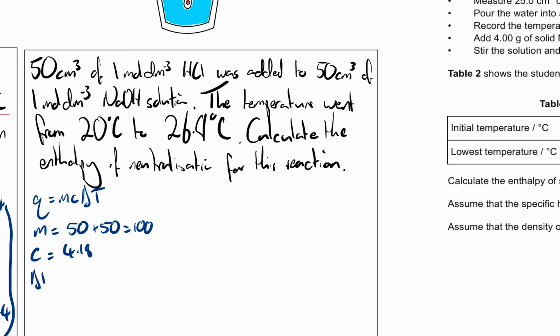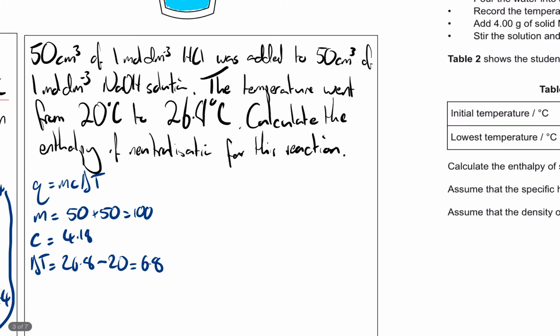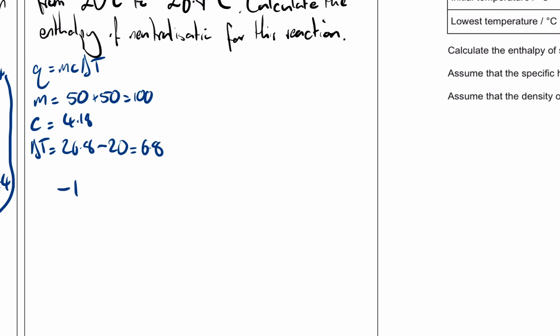Delta T, we've got our 26.8 minus 20. Now, we can even make a note to ourselves now. Here, our temperature's gone up, so we know that it's an exothermic reaction.